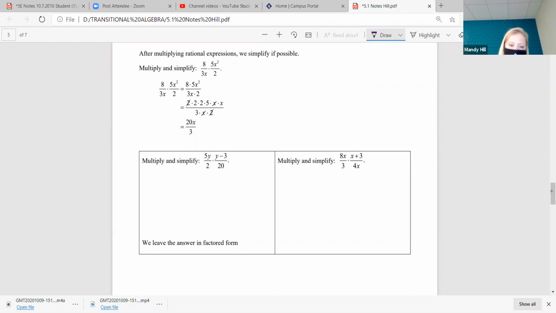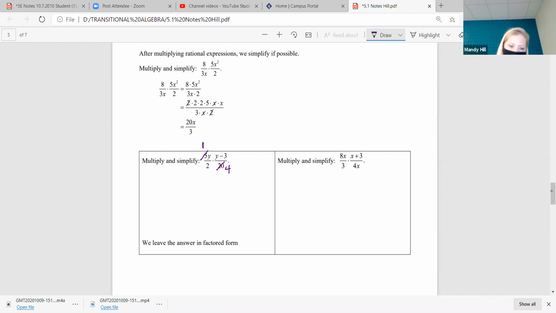For instance, I see this 5 right here, and I see this 20 on the bottom. And 5 and 20 have a 5 in common. I could divide this 5 by 5 and get 1. I could divide this 20 by 5 and get 4. If I do that, it'll make it easier for me in the end.